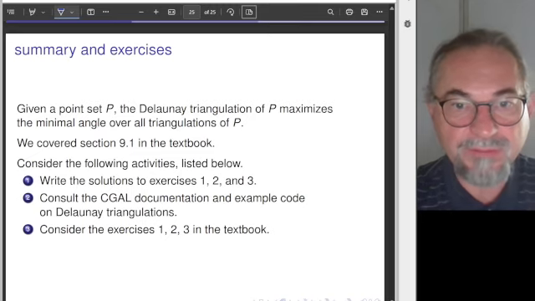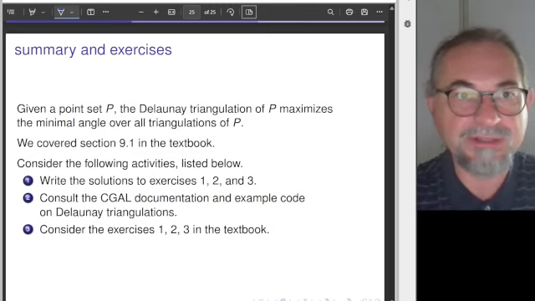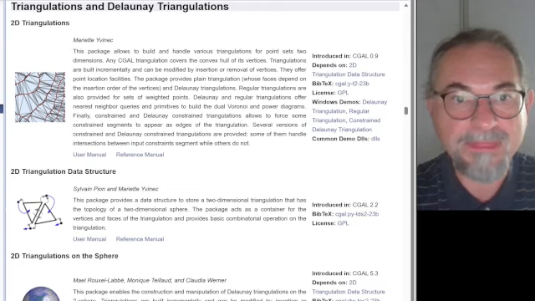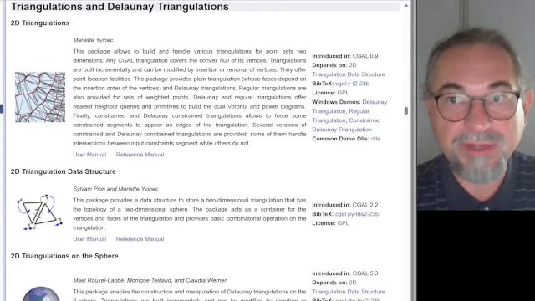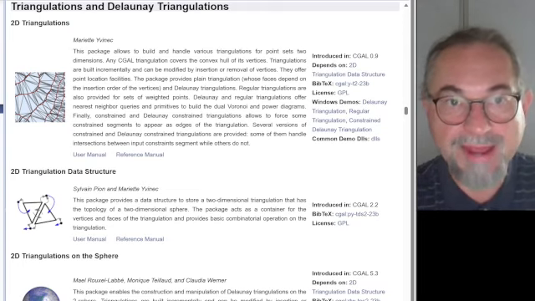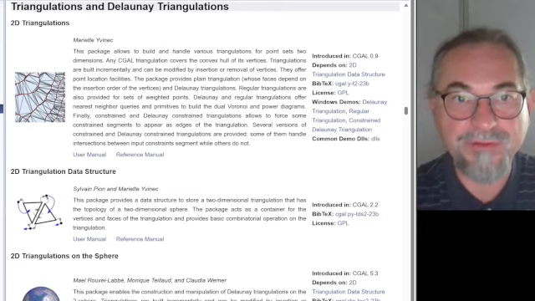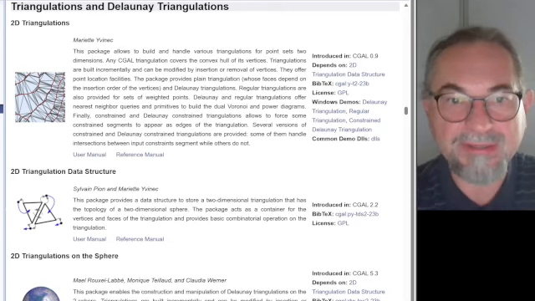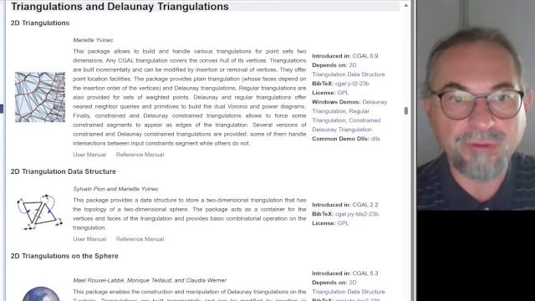So the last thing that I want to show is the connection with CGAL. So here is the documentation page. If you go to the manual in the package overview, click on triangulations. So for triangulations, you see automatically Delaunay triangulations.